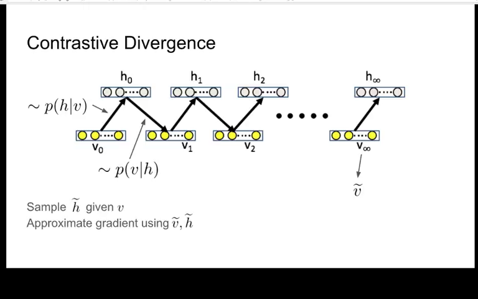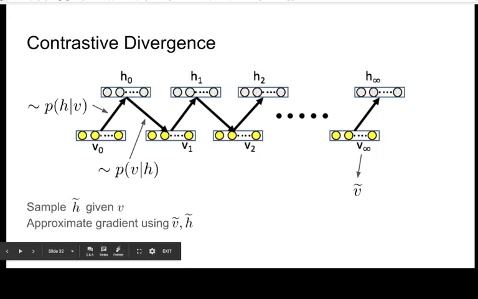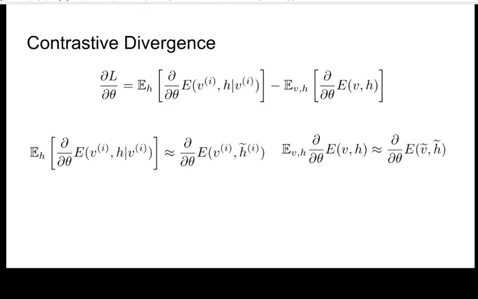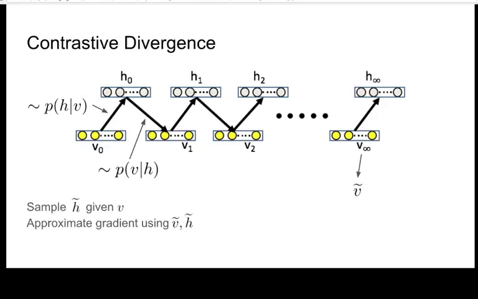We are doing this to approximate the gradients that we had in the previous slides, because we don't want to compute that intractable sum. So we wanted v and h terms. We sample v tilde and h tilde terms using this method. This was the original thing that we had. This reduces to, we assume this, and given this, we find h tilde.